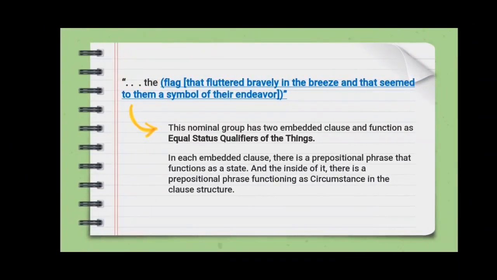This nominal group has two embedded clauses and functions as an equal status qualifier of the thing. In each embedded clause, there is a prepositional phrase that functions as a circumstance in the clause structure.